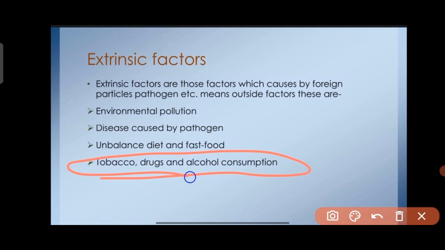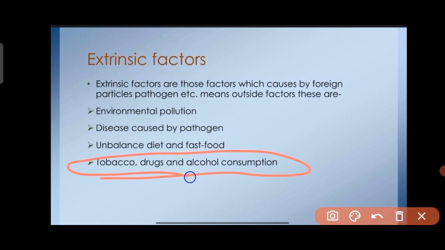Next, coming towards the extrinsic factors. Extrinsic factors are those that are caused by foreign particles or pathogens. Foreign particles means organisms, microorganisms, such as pathogens, like bacteria, parasites or germs. These are the extrinsic factors.